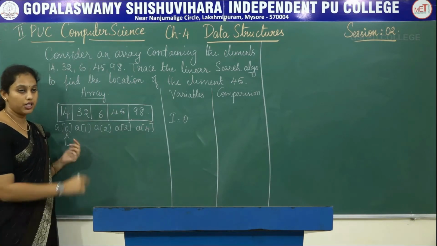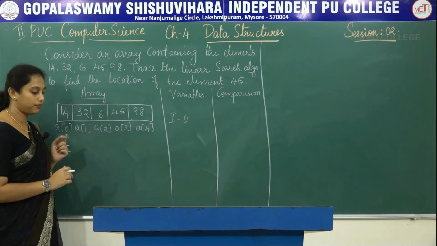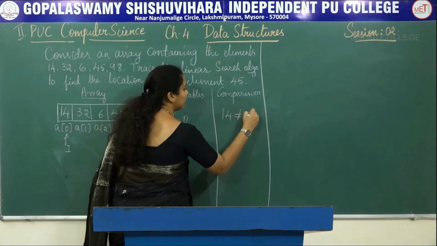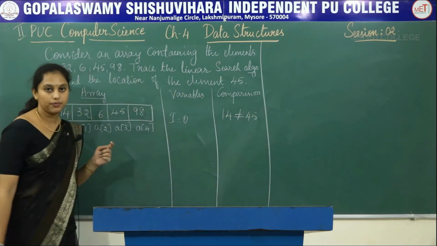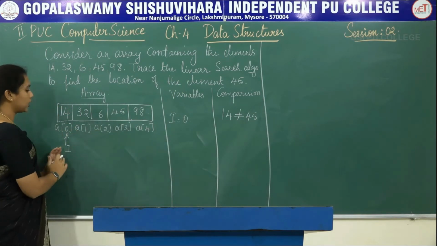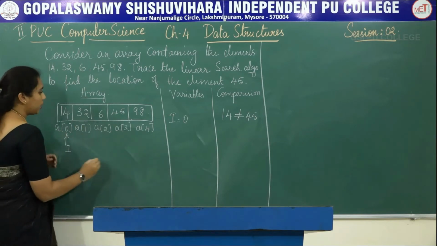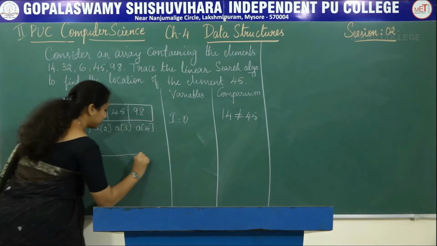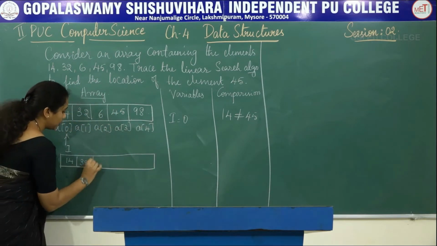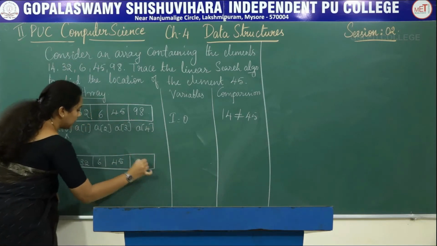Here we are comparing 14 with the search element 45. 14 does not equal 45, so I gets incremented, and we search with the next element of the array.